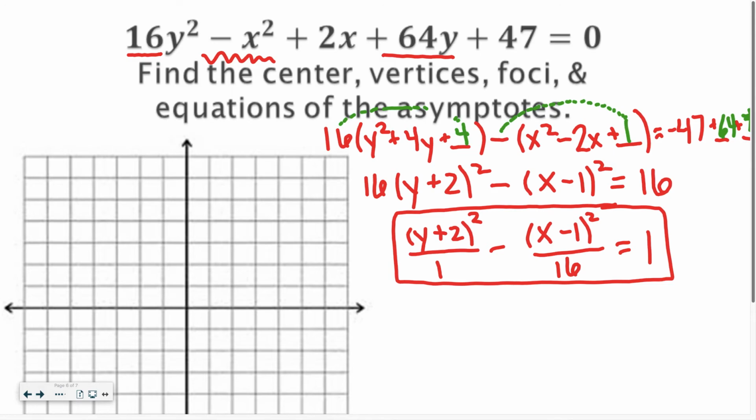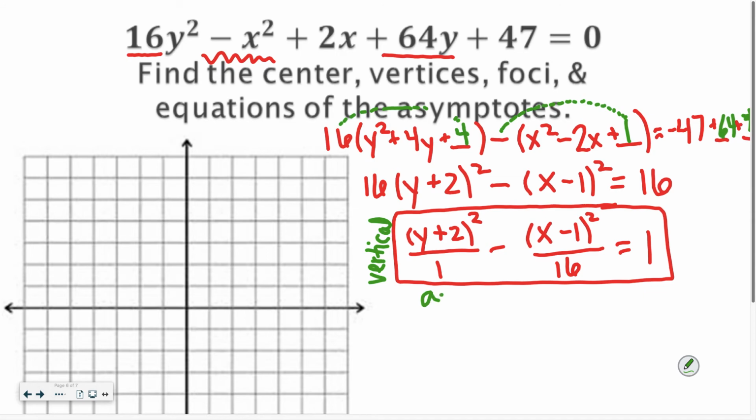Let's make a couple notes. Let's make a note that this is going to be a vertical hyperbola because the y squared is the one that is positive and we're subtracting the x squared. Also remember that a squared is always associated with that positive squared variable.